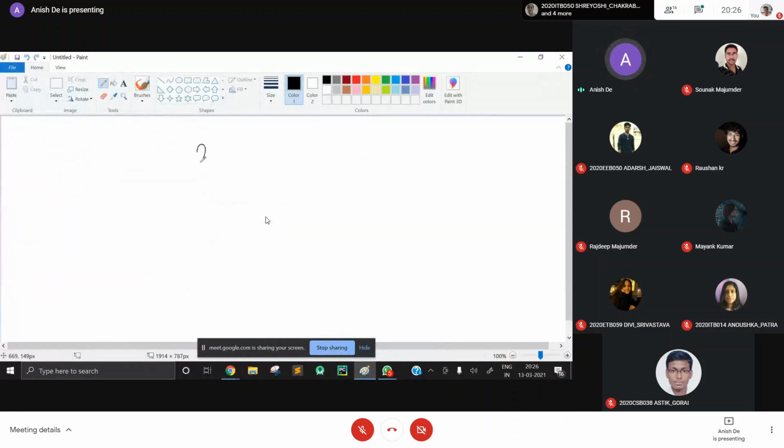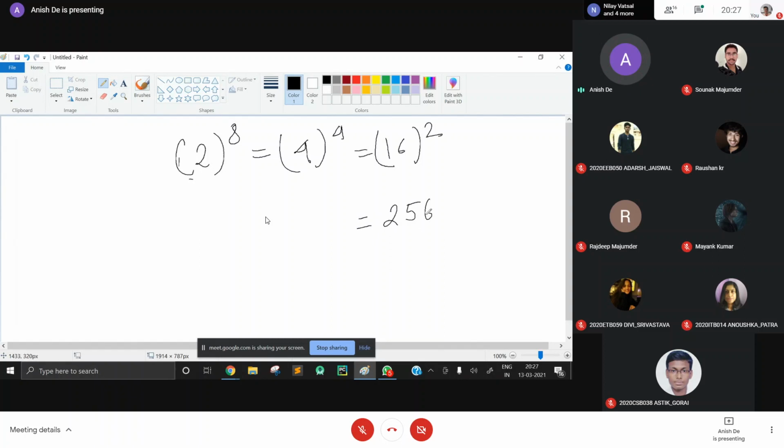Take this example: 2 to the power 8. It equals 4 to the power 4, 16 to the power 2, 256 to the power 1. So the answer is 256. So the loop has run 1, 2, and 3 times.